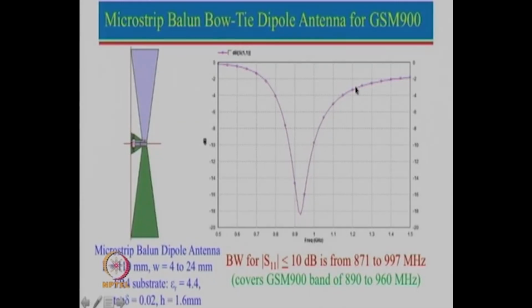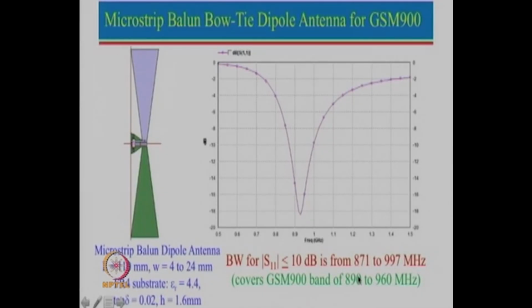So this is the reflection coefficient plot, and one can see that for less than minus 10 dB the bandwidth is now from 877 to 997. So we now have almost 19 megahertz margin on this side and about 17 megahertz on the other. So now we have a 2% margin on both sides.